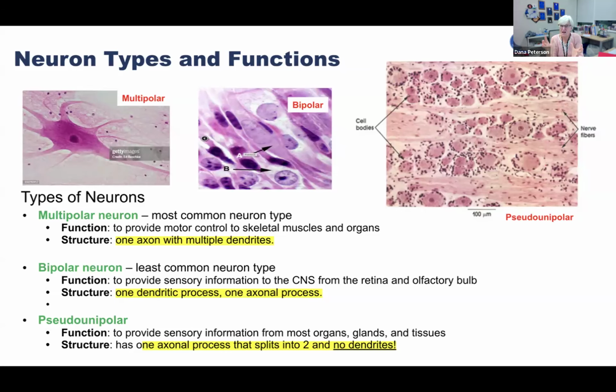So it can do it through a summation process, so just enough axons releasing their neurotransmitter onto multiple dendrites of a single axon that it allows an action potential to be generated and start transmitting down an axon, or it can be what's called a temporal summation.